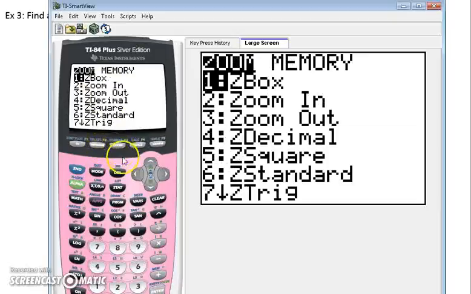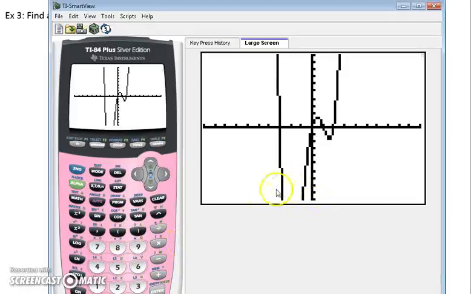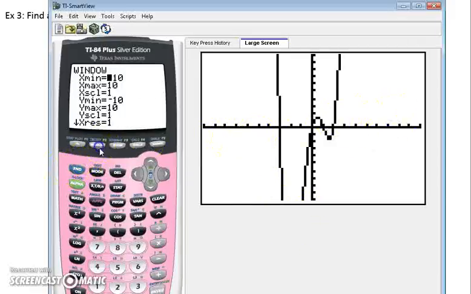I'm going to hit zoom 6 to reset my window to the standard viewing window, from negative 10 to 10. You'll notice that my graph isn't quite good enough; it doesn't go down far enough. So I'm going to change the window so my y value is shorter. I also don't need all this other stuff on the x value, so I'm going to make that a little bit smaller as well.